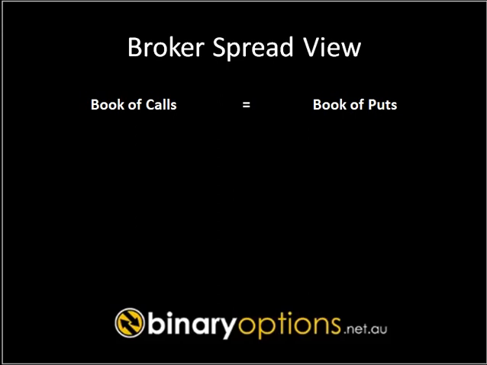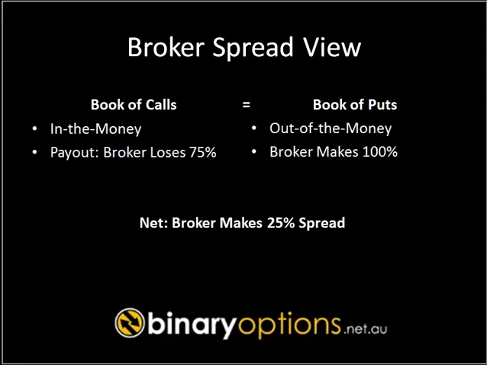Let's say it's the calls that expire in the money and pay out the 75% profit. The put options will expire worthless, and the broker will collect 100% of the investment for the puts. The broker's net profit is the 100% that they receive from the put buyers minus the 75% that they pay out for the call buyers, for a net of 25%. That 25% is called the spread.